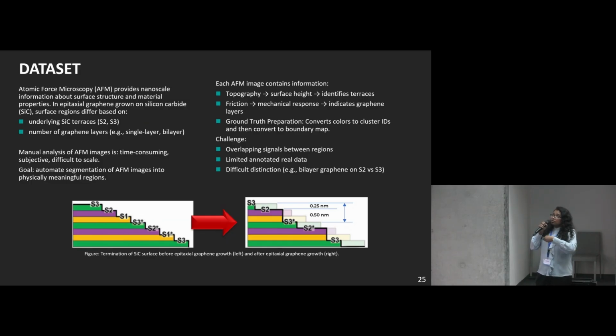Now here there is a step gap from S2 to S3 of 0.5, and from S3 to S2, 0.25. So our target is to find which terrace is which. We don't know from the image, and we have to find what the distance is.